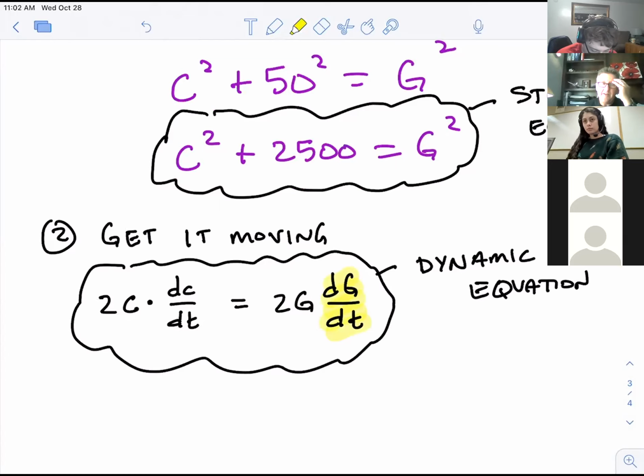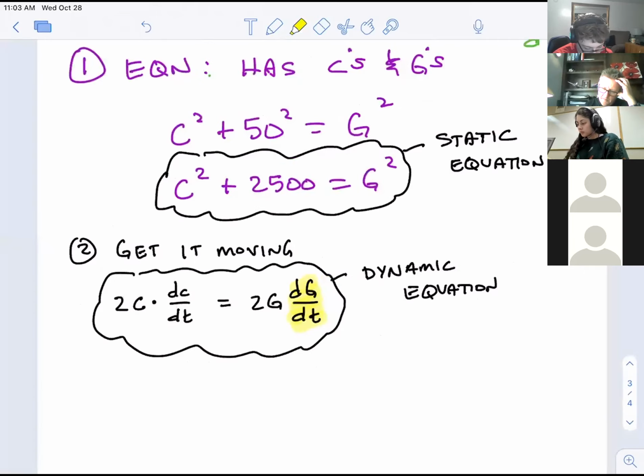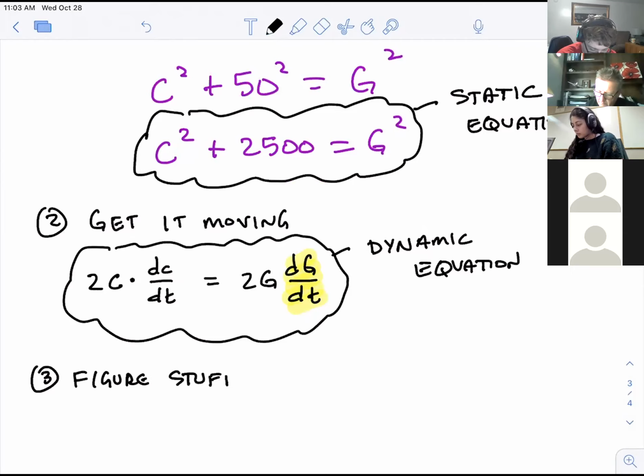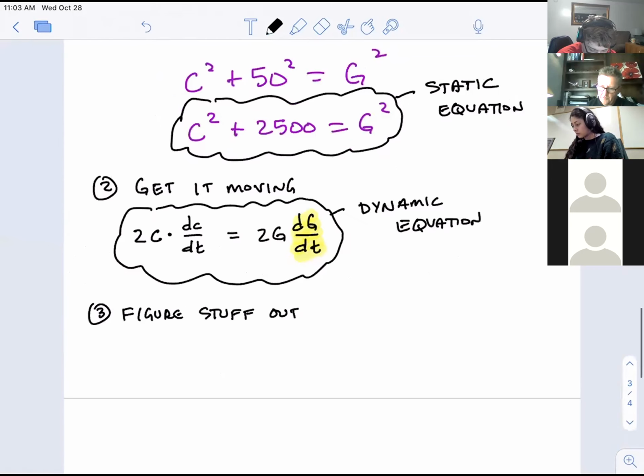When C is 12 feet, what speed is the cop going to read? So we got everything we need to move to the 3rd step, which is just figure stuff out. I got everything I need. Let's go do that.